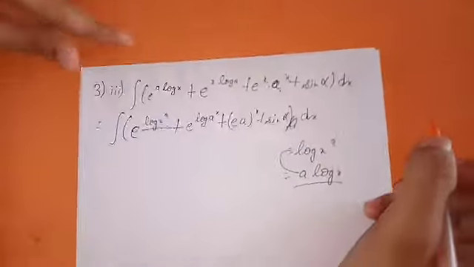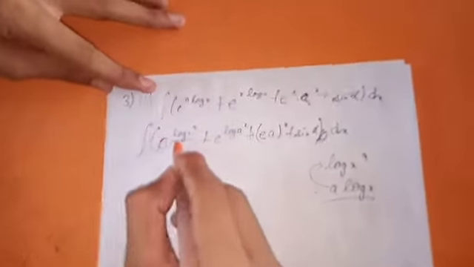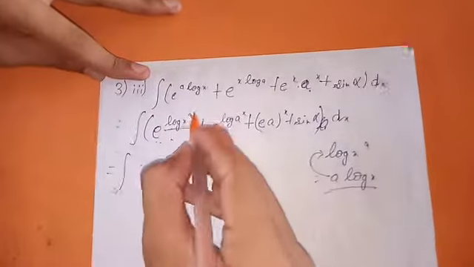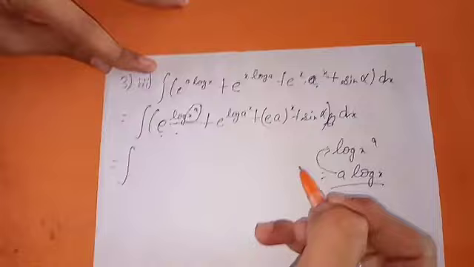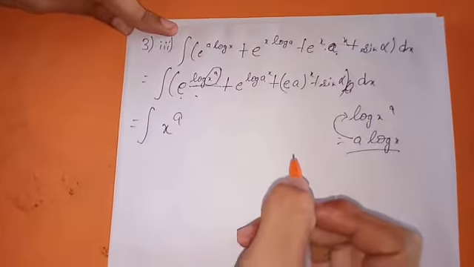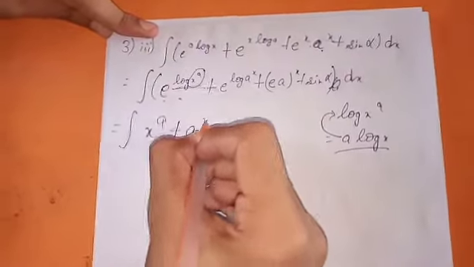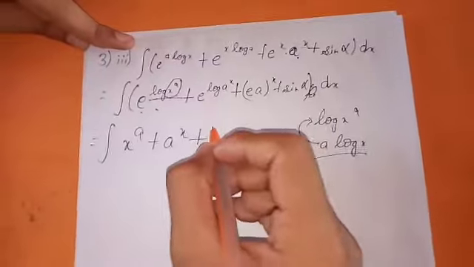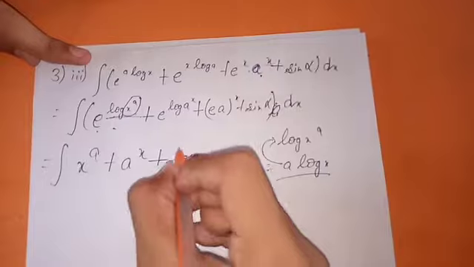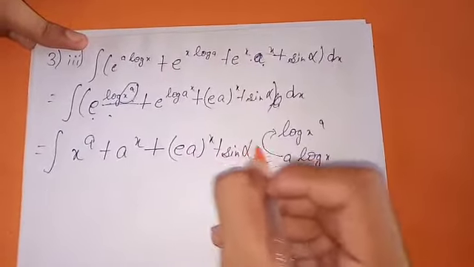Now we know e and log cancel each other. Okay, so what do we get here? We get just x raised to power a, so x raised to power a plus a raised to power x plus e a raised to power x plus sine alpha.